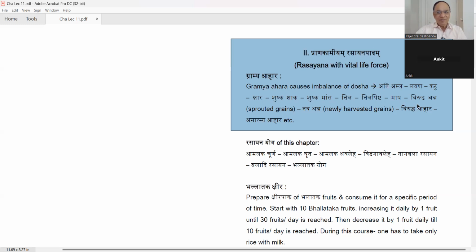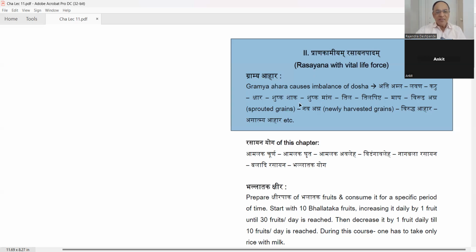Viruddha anna. Sorry, it is not virud, it is viruddha. Please write down this word because some get confused. Viruddha is different. Here you can see viruddha. Then sprouted grains. Nava, newly harvested grains. Viruddha ahara, incompatible food, and asatmya ahara.